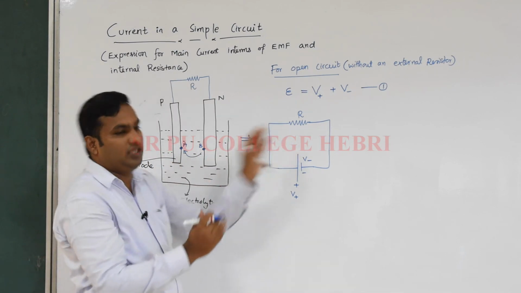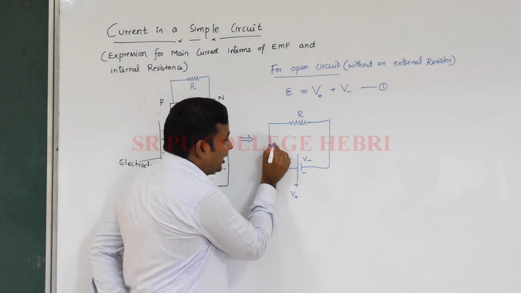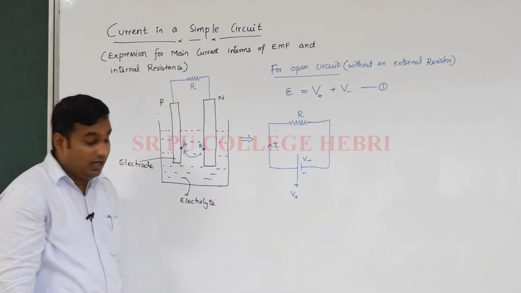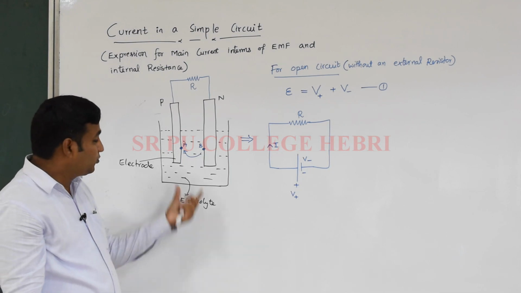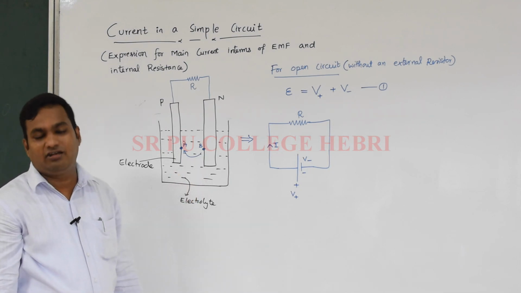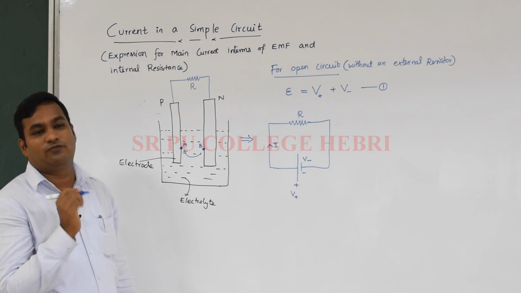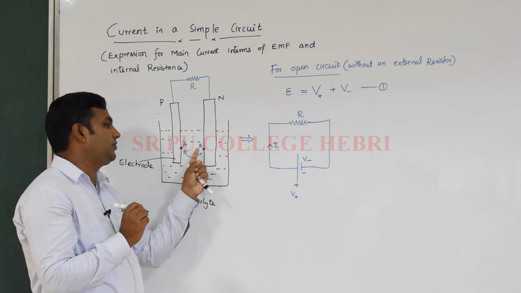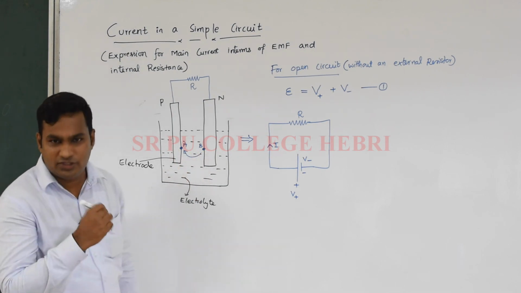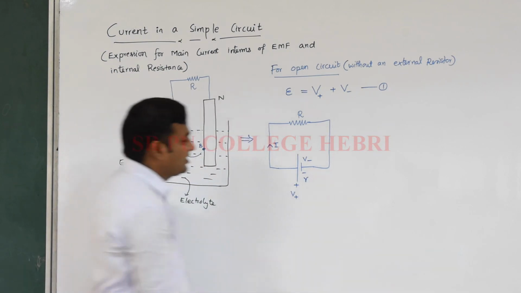This exact diagram I wrote in circuit format like this. From this cell, current is drawn, which I take as I. And apart from this, I clearly said, due to the presence of electrolyte in a cell, it will provide internal resistance. It opposes the flow of charge from the negative terminal to the positive terminal, that means from B to A. There will be an internal resistance that we denote as r.